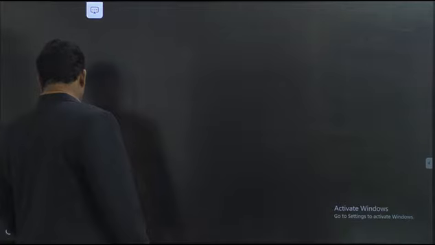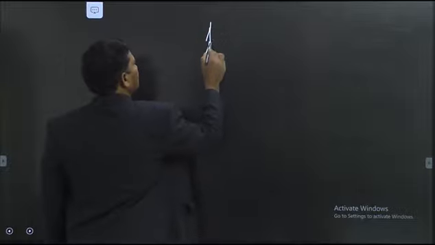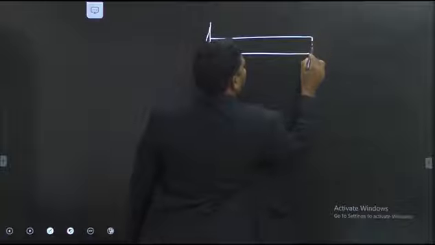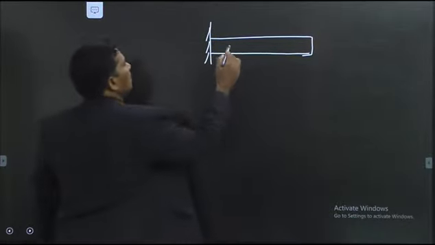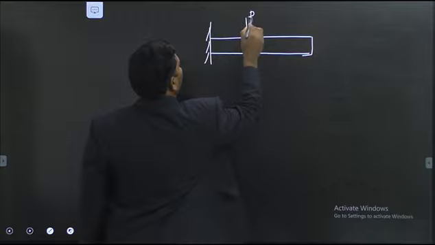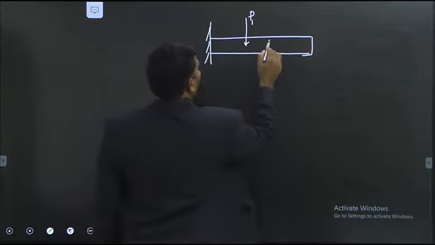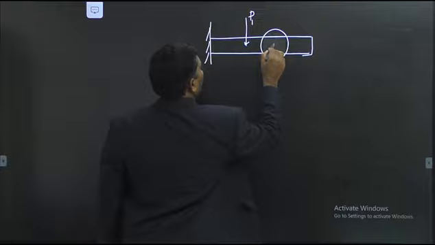I take a cantilever like this. Here the beam has uniform cross section. One force is acting here at this point. Its load intensity is P1. A couple is acting clockwise about this point.